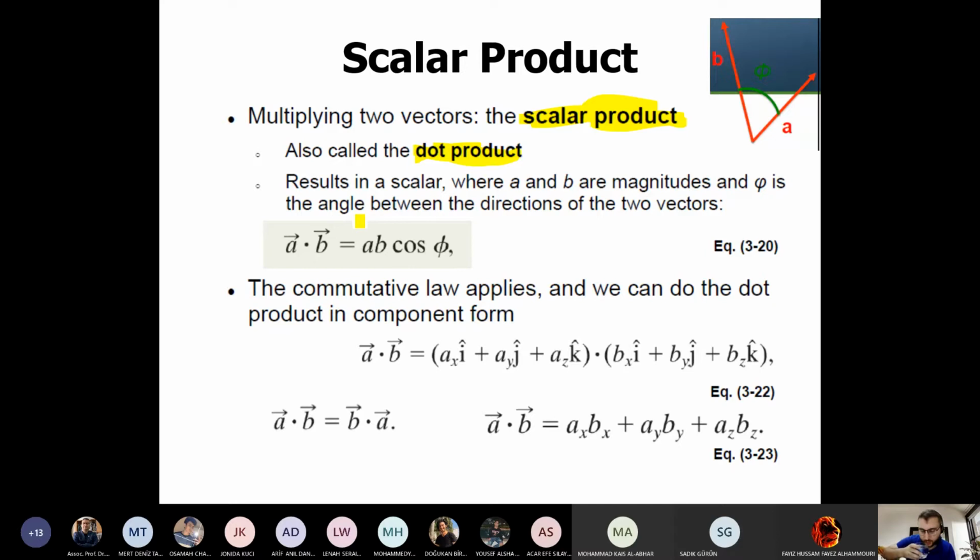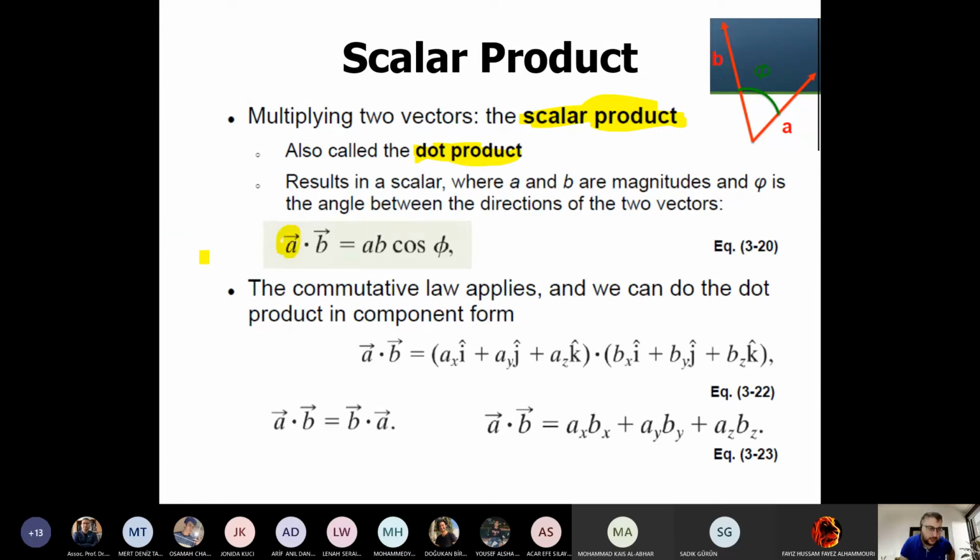And why is it the scalar product? Because the result which you are going to find will be a scalar. So when you multiply two vectors by scalar product, at the end you find a number, which is a scalar quantity. And how can you find it?